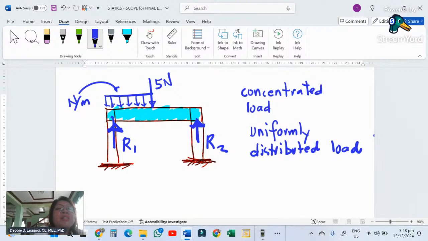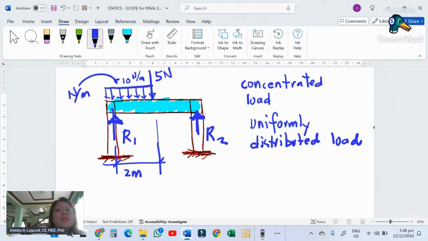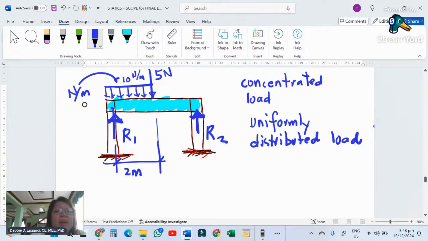So if this is, for example, 10 Newton per meter, and the whole length is, say, 2 meters, then to get the resultant of the parallel forces, you just have to do 10 Newton per meter times 2 meters.